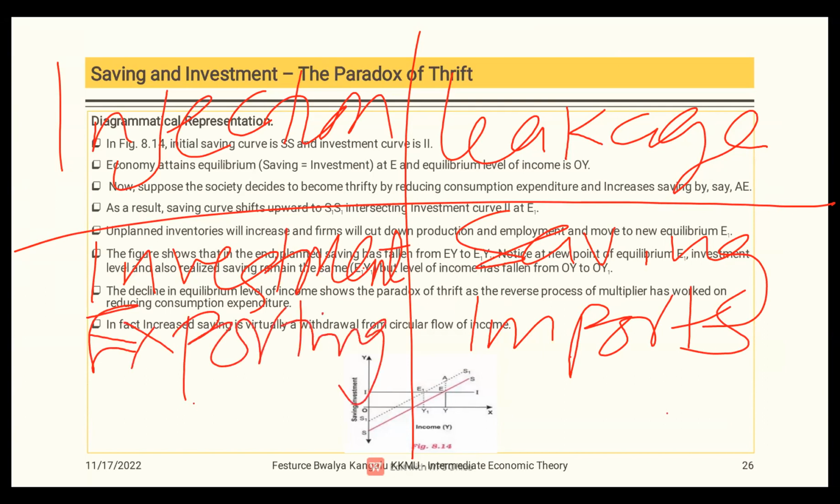When you export, you inject into the economy, meaning money is coming into the economy. When you save, you're removing money. Investment, you're bringing in money. Then taxes are again a leakage.